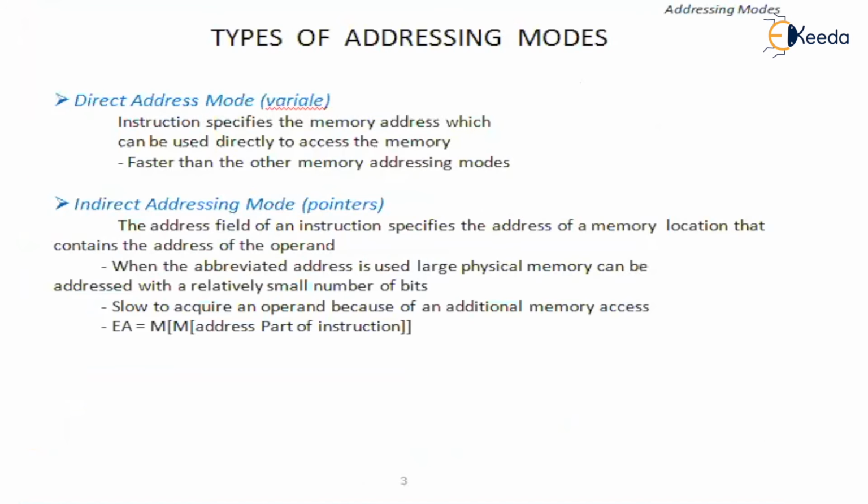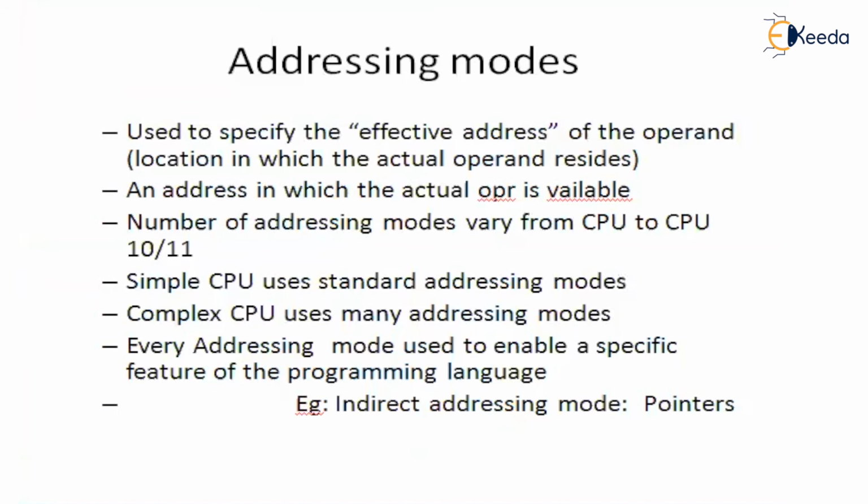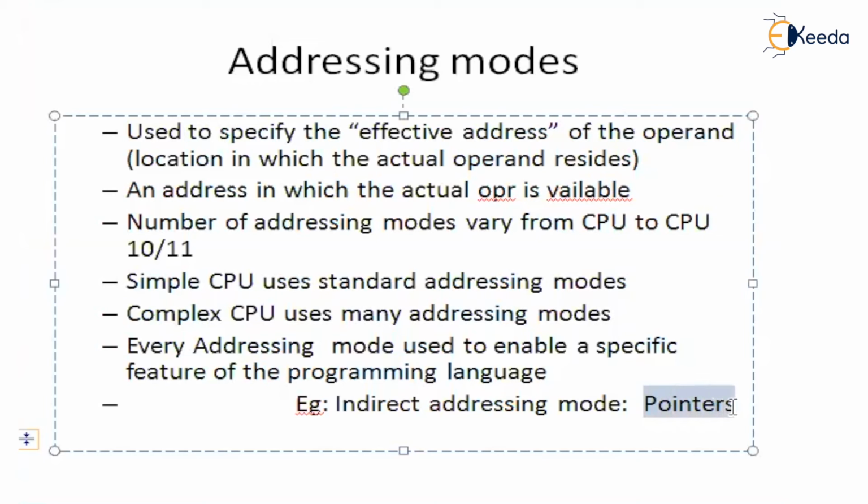So addressing modes are primarily used to enable different features of a program. For example, when we use indirect addressing mode, then the pointers concept can be implemented. If you want to use pointers, first of all, in that computer system, indirect addressing mode must be available.